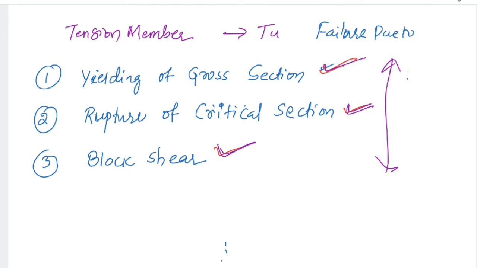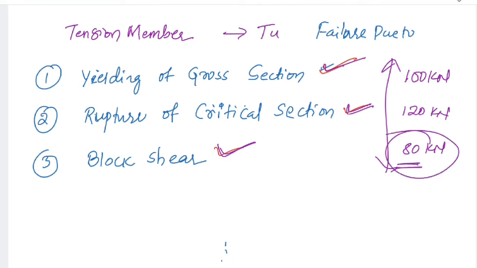If yielding of gross cross section takes 100 kilonewton load, and rupture takes 120 kilonewton load, and block shear takes only 80 kilonewton load, the capacity of that connection will be only 80 kilonewton. So the capacity of that number of bolts or the connection will be taken as 80 kilonewton itself. Three types of failure will occur in tension members.